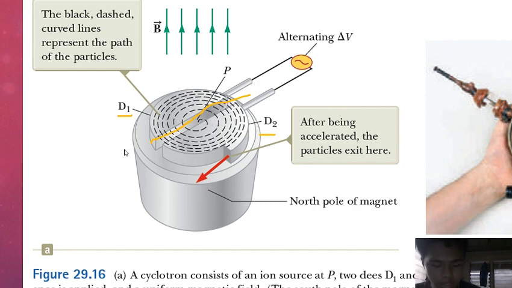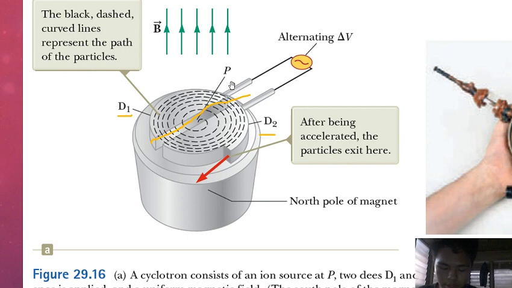So when we apply a potential difference such that D1 is at lower electric potential than D2, the ion accelerates toward D1. Its kinetic energy increases by an amount of charge times the change in potential difference.